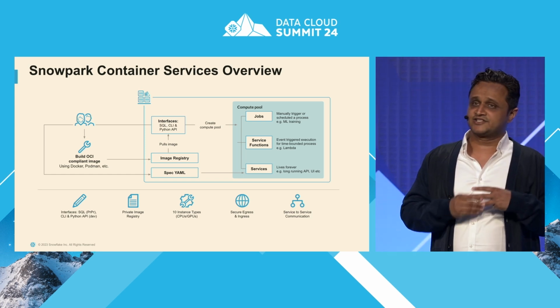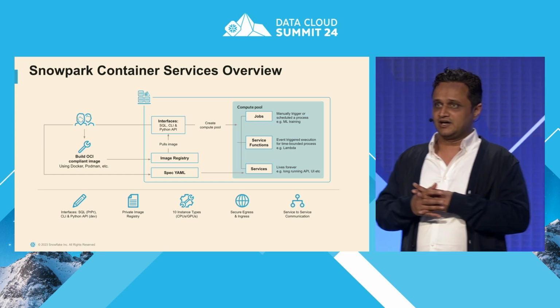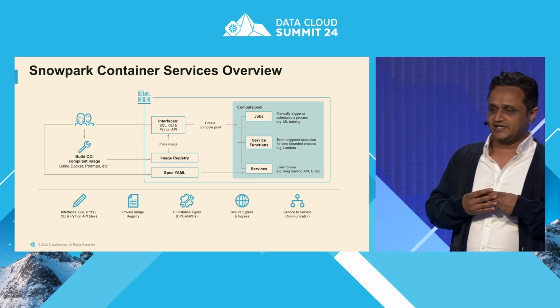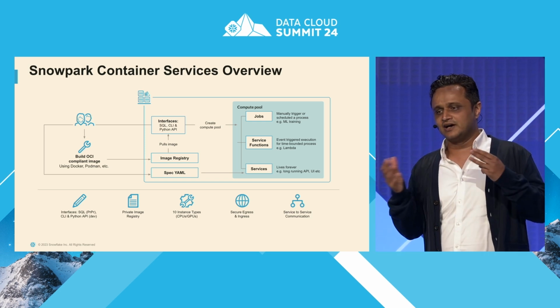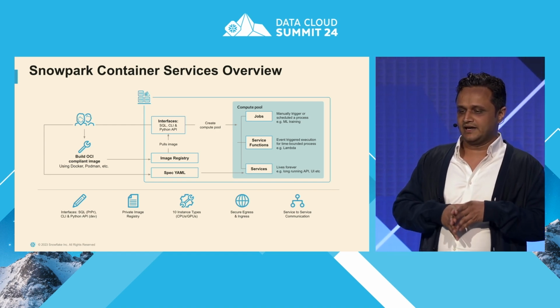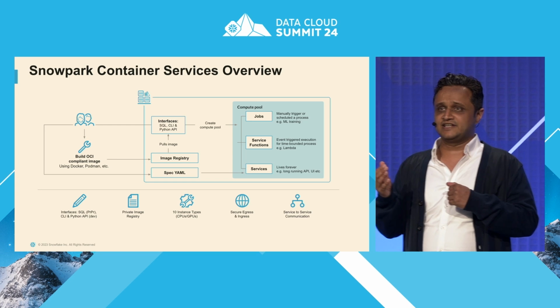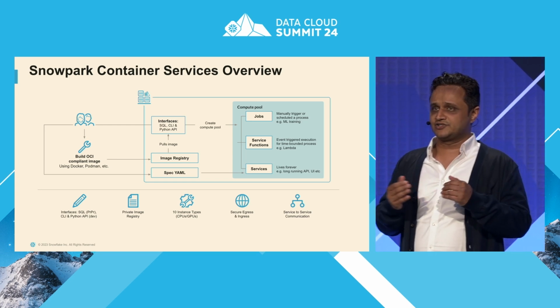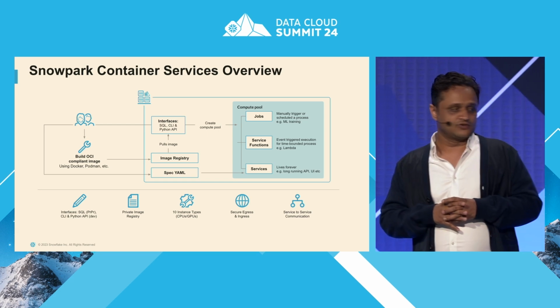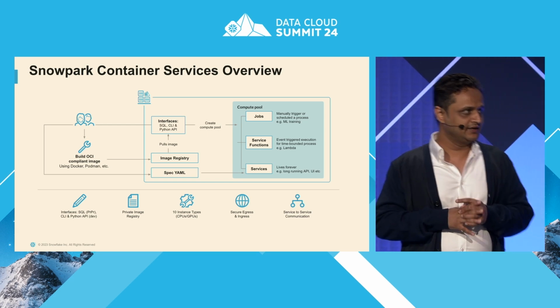And number 3 is services, which is like a web service which lives forever. So these are the 3 types of services and functions that you can create inside of container services. And all the egress and ingress to the container services is secured by default. So if you go to the next slide.